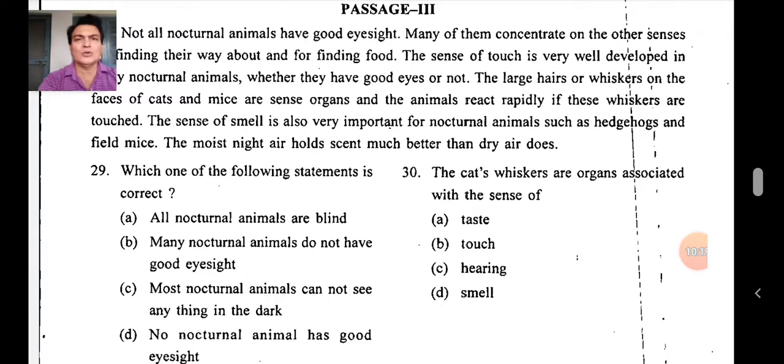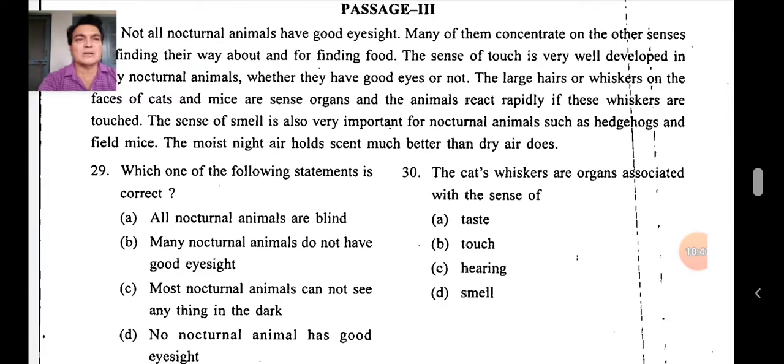So you will be able to infer the answer in the first sentence itself. Whereas the 30th one: the cat's whiskers are organs associated with the sense of taste, touch, hearing, smell. When you go on reading this passage, you will feel that the answer is somewhere here.